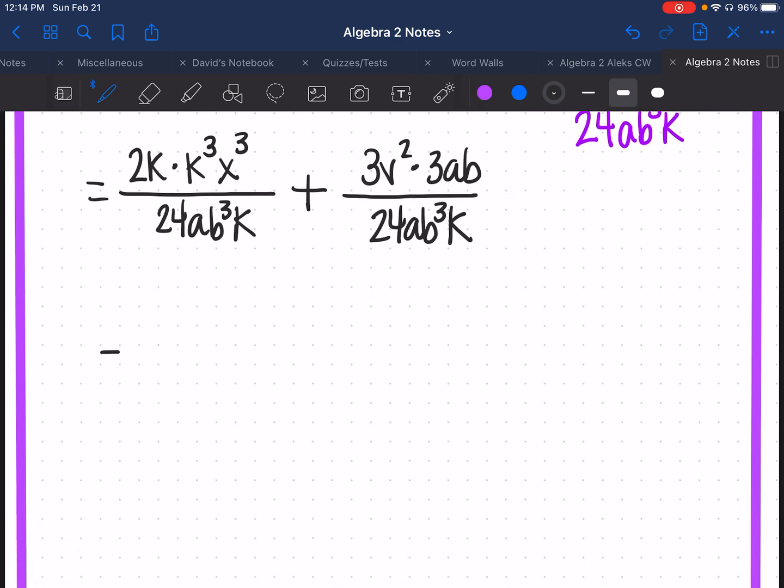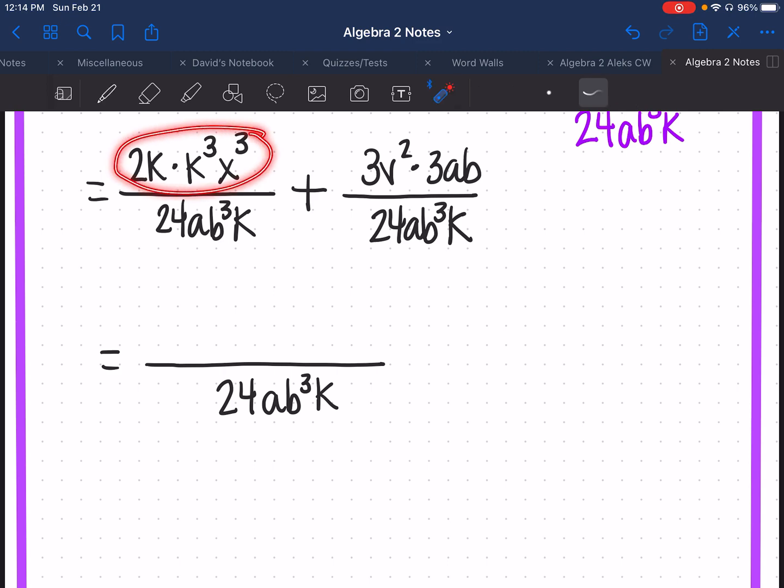Now I'm going to go ahead and make them into one rational expression all over my least common denominator. All right, so in my first numerator, there is no number to multiply. There's just a 2, so I'm going to keep my 2. But notice I have a k here and I have 3 k's here.